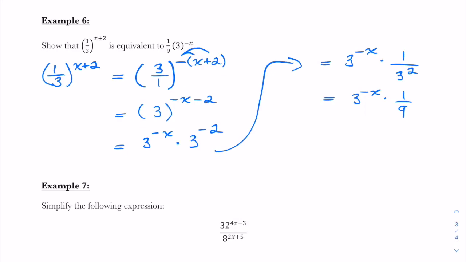And since the order of multiplication doesn't matter, this simplifies to 1/9 multiplied by 3 to the exponent of negative x, which is the expression we were trying to show it was equivalent to. So that's done. We're just using exponent rules, but sometimes running them in reverse.